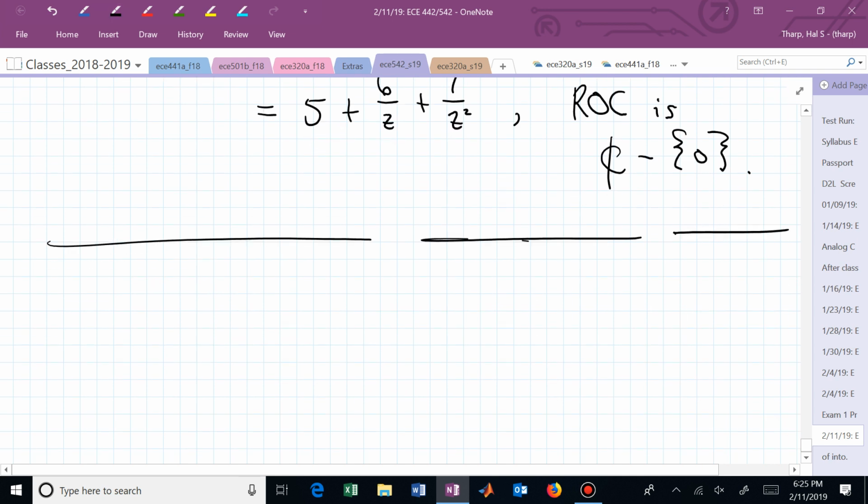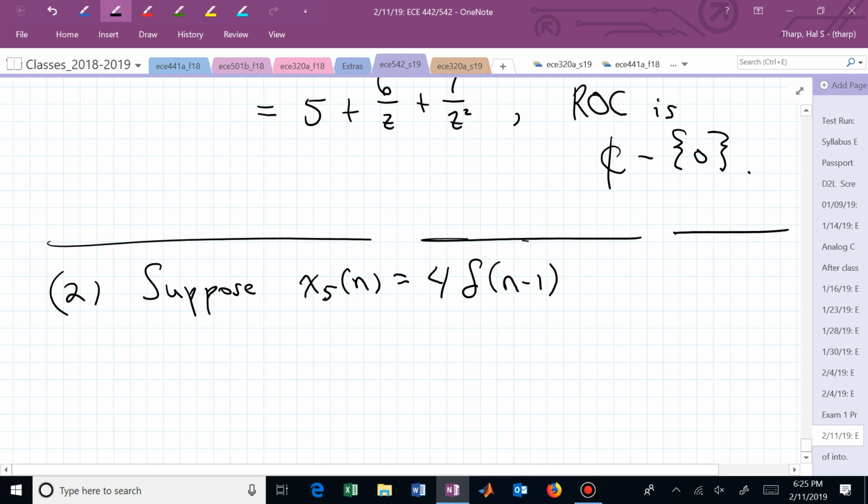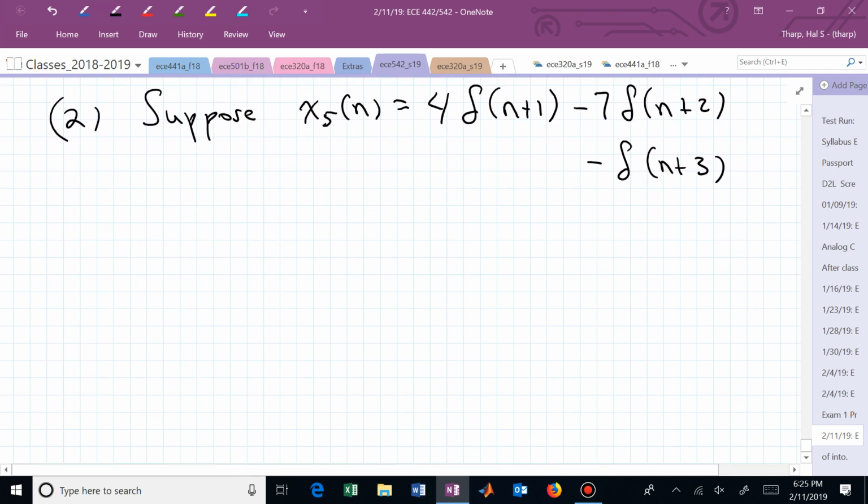What about another one? Suppose now I give you the following. Suppose x sub 5 of n is equal to 4 delta of n plus 1 minus 7 delta of n plus 2 minus delta of n plus 3. For what values of n is this non-zero?